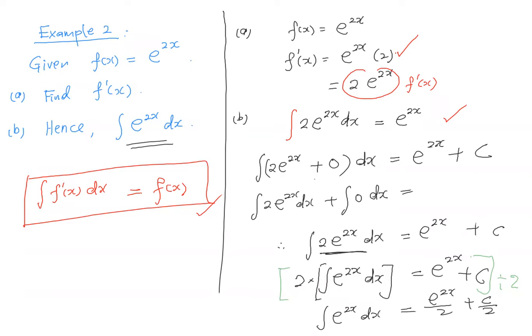Then after that, you manipulate it, here you get 1 mark. This step you get 1 mark, and the final step you get 1 mark. See or not? So this is a very important step that you must write.